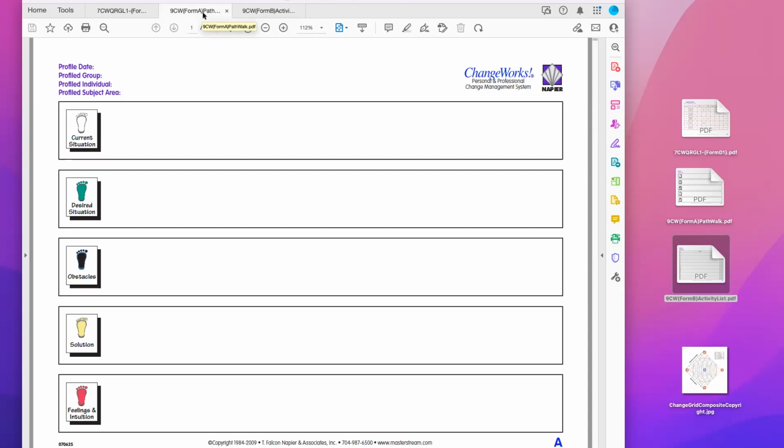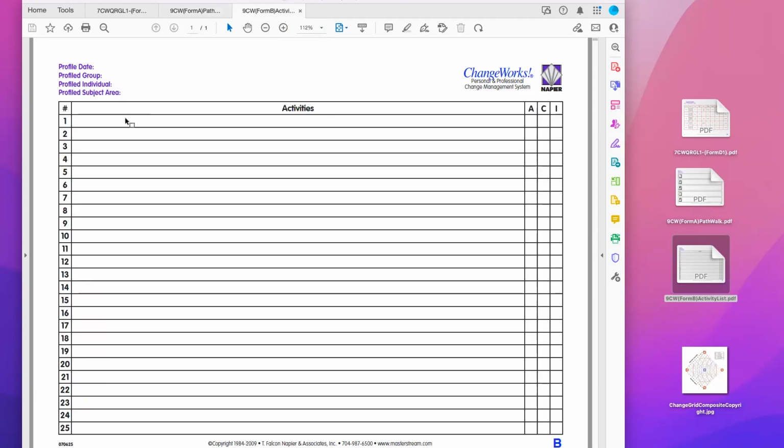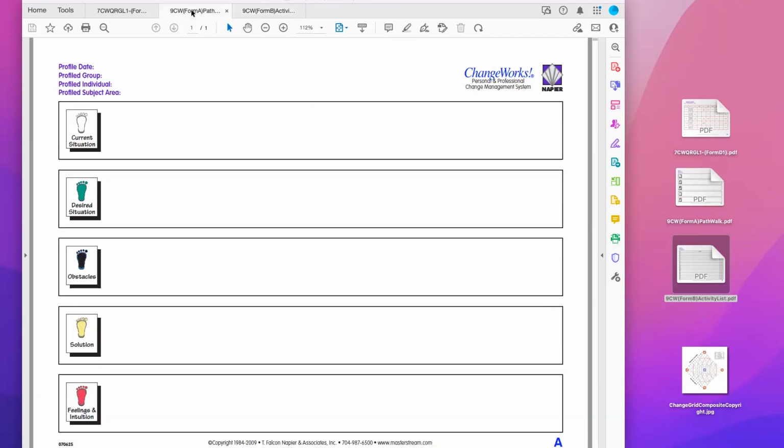Similarly, if you're going to be using this as the Oracle of the Self is intended, you need to get comfortable taking yourself on your own path walk. And you need to become comfortable, maybe not right away, but down the road, in turning that into an activity list that you can use to explore what's going on with your productive tension. I will promise you this.